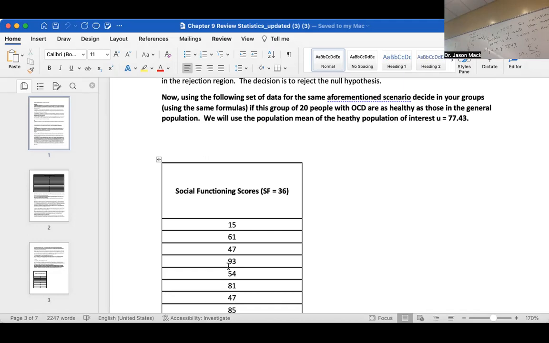The Z table should be right below PowerPoint. It literally says Z table.